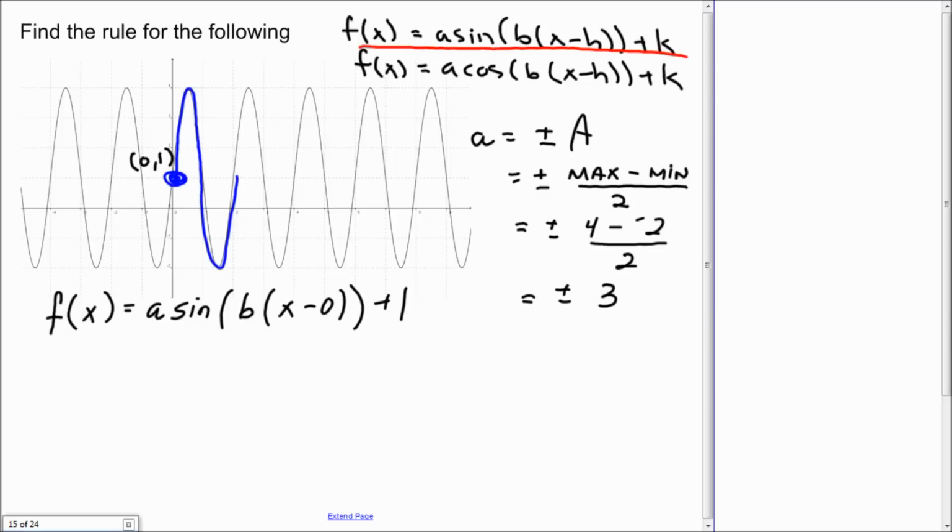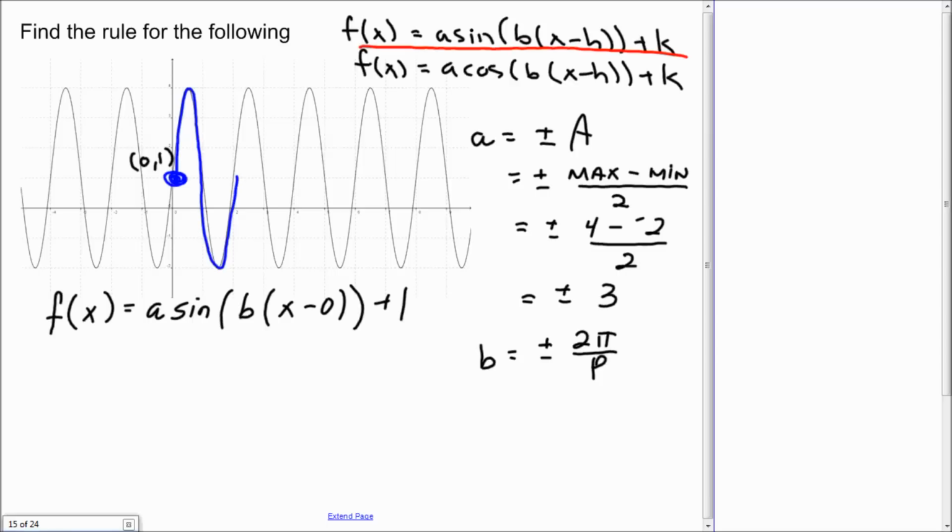Our b value, if we remember, is equal to plus or minus 2 pi over the period. And the period, remember, is defined as the amount of time, or the amount on the x-axis, or on the independent axis, that it takes for a single cycle to repeat itself.